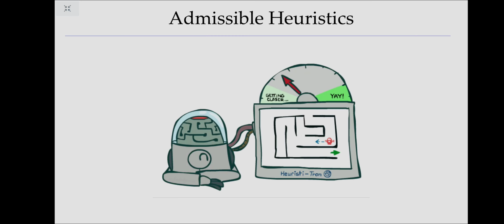We need to limit our attention to admissible heuristics. Admissible heuristic is a very important concept for search. For search, we can show that when we use an admissible heuristic, we have a guarantee to find the optimal solution in the least time.